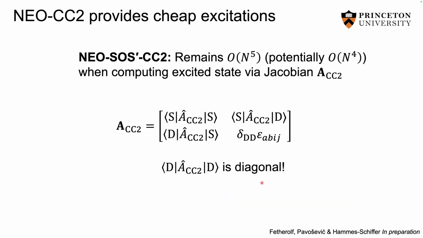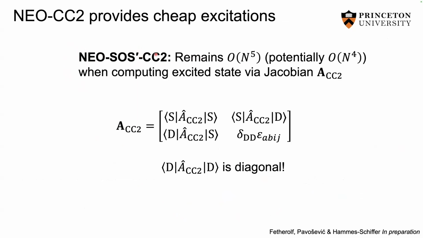So I'll quickly just talk about a non-CI and a much lower level theory that I developed to capture electronic and vibrational excited states within the NEO framework. And this is coming from the aforementioned NEO SOS prime CC2 theory that we saw with a single scaling factor works pretty well for the ground state properties.